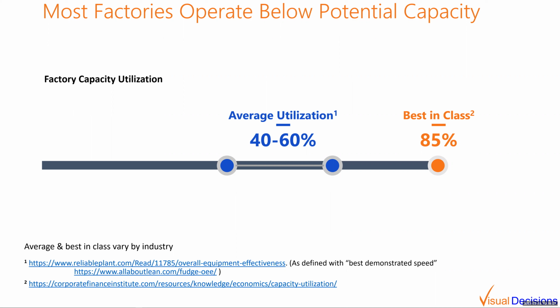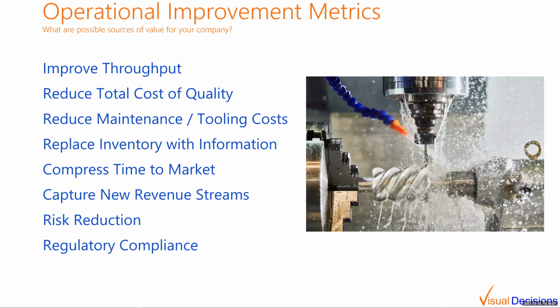You're running with more equipment than you have to. If you're in the situation where if you could make more, you could sell more, there are obvious ways to increase that capacity or increase that utilization, and then see your throughput go up and your revenues go up as a result of that.